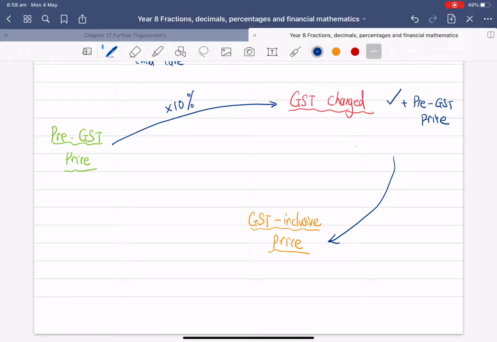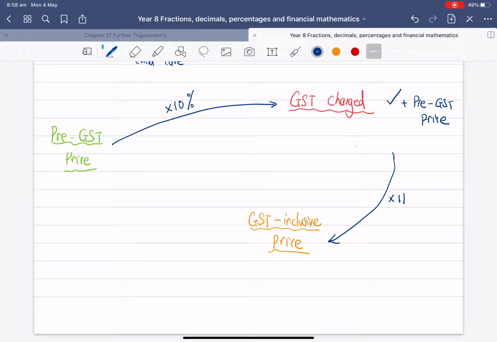But there is a shortcut and an easy way to calculate. If I know how much GST is charged, how can I calculate the GST inclusive price? If you want to go from GST charged to GST inclusive price, all you need to do is times by 11.